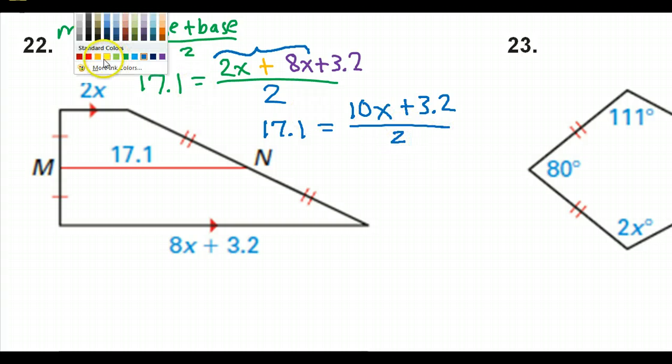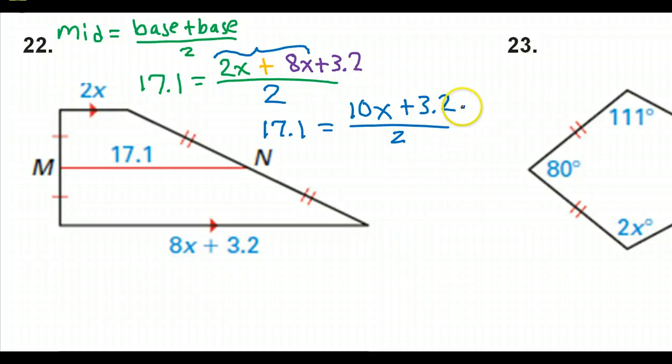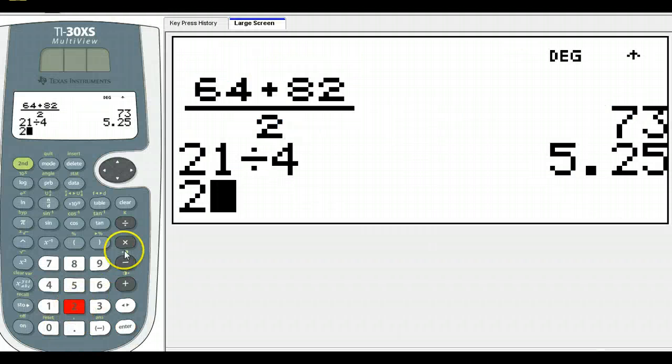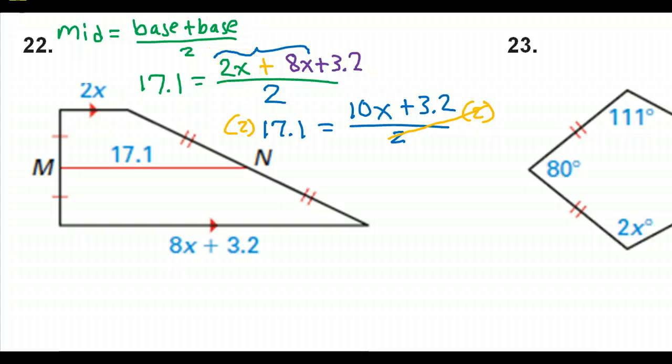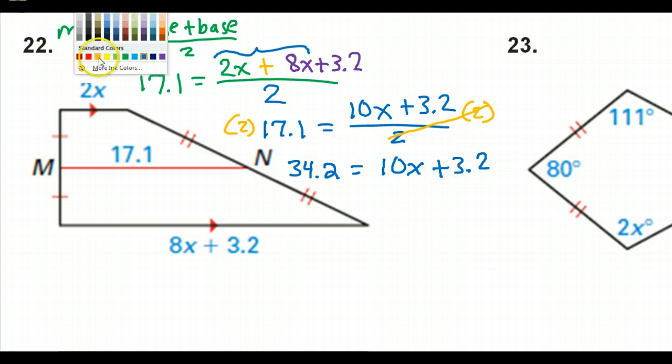Now it's time to do the thing I like to do, which is multiply by the denominator. So I'm going to multiply by 2 on both sides. That way these 2's will cancel out. Alright, 2 times 17.1 is 34.2. Okay, so 34.2 is equal to 10x plus 3.2. Time to subtract 3.2 from both sides.